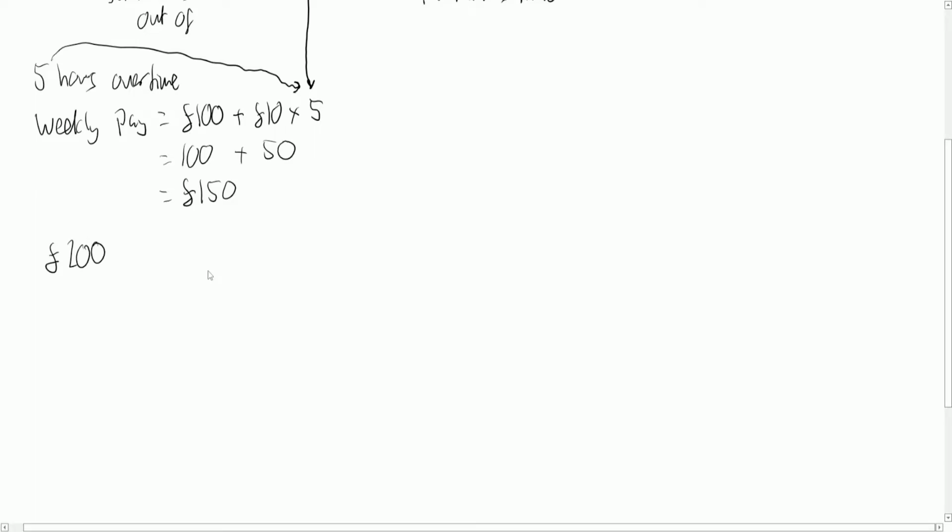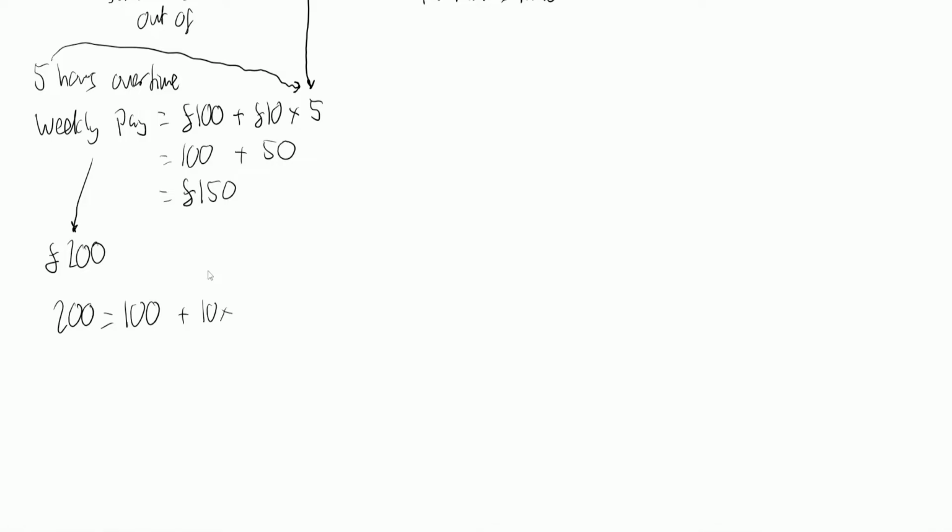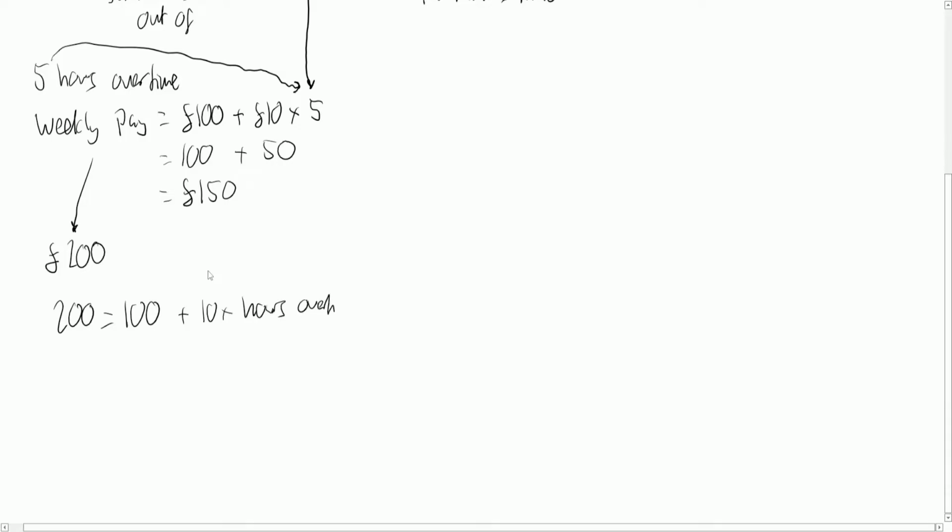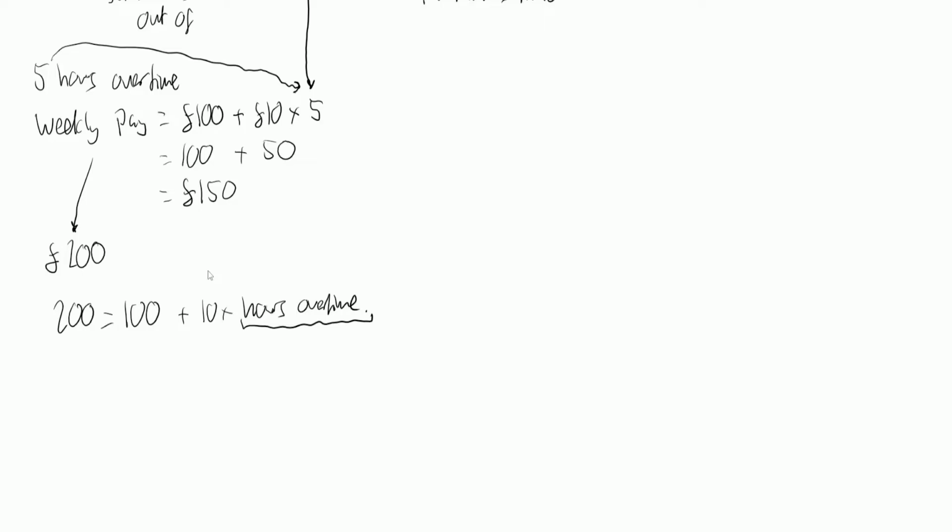We can work out how much overtime we worked, because we know the weekly pay, so in this case the weekly pay is 200. We're going to write 200 is equal to 100 plus 10 times the hours of overtime we worked. So what must our independent variable be?